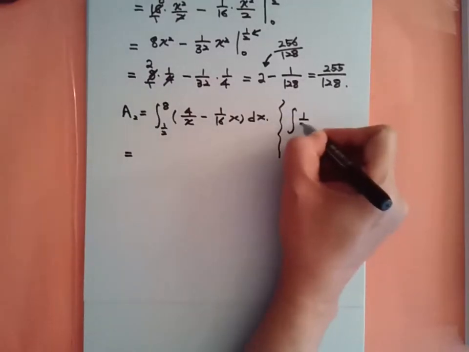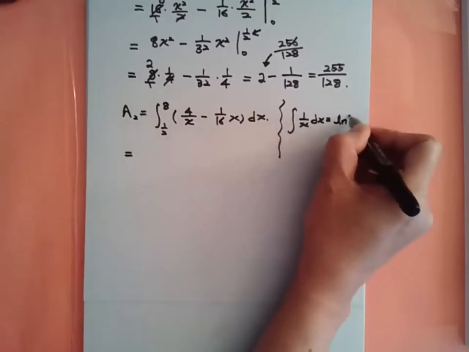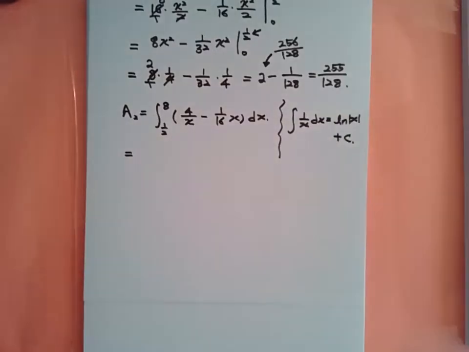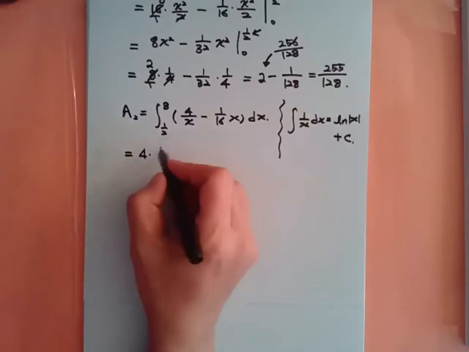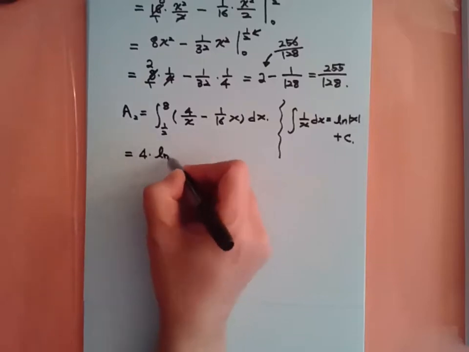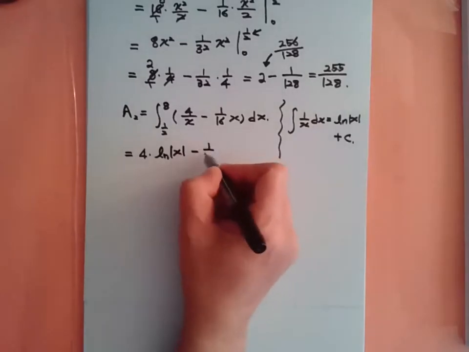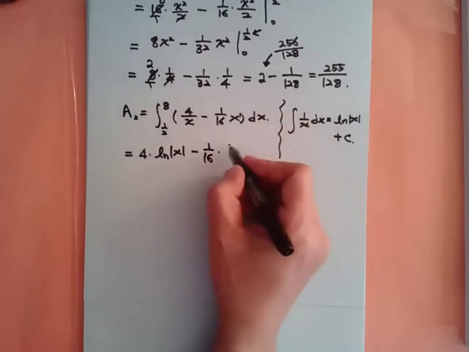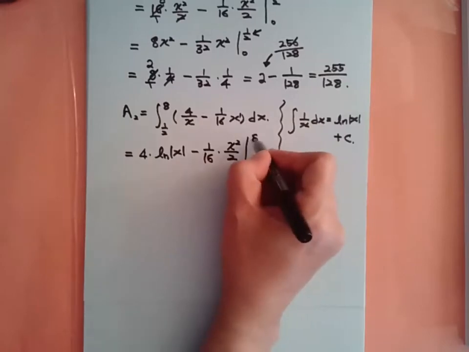Integration of 1/x dx equals natural log of absolute value of x plus c. So we will use that formula. So that is 4 times natural log of absolute value of x minus 1/16 times, this is 1 power, so x squared over 2, from 1/2 to 8.